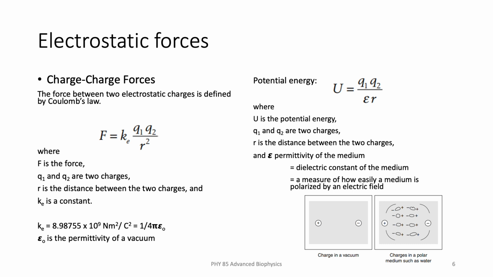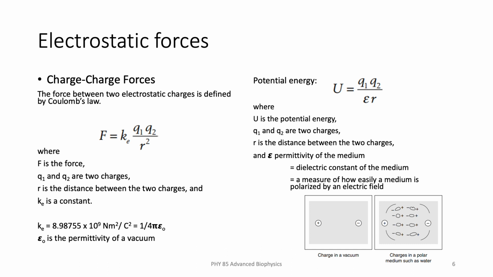Now consider a positive and negative charge in a vacuum and in a medium of high permittivity. The neutral but polar molecules of the high permittivity medium, such as water, orient themselves with their negative ends facing the positive charge and their positive ends facing the negative charge.